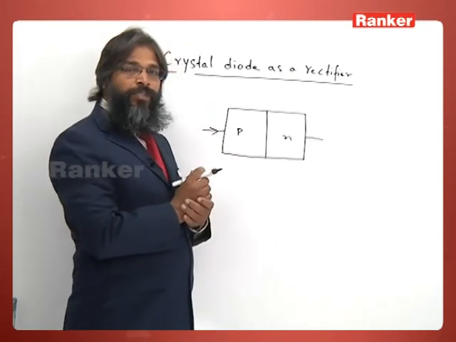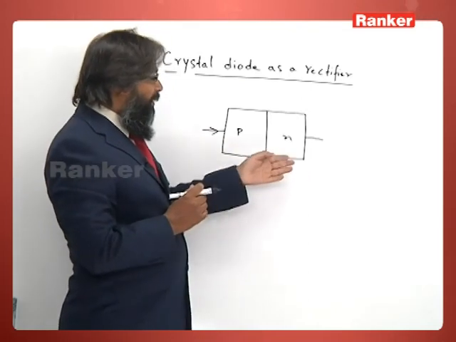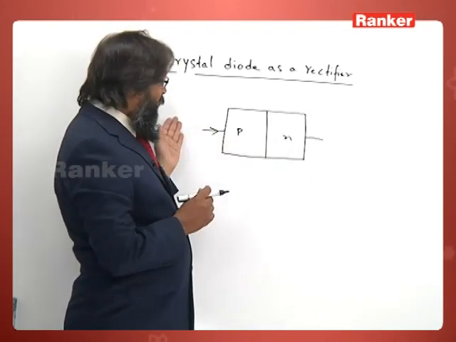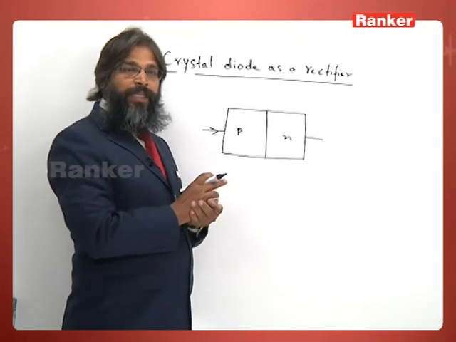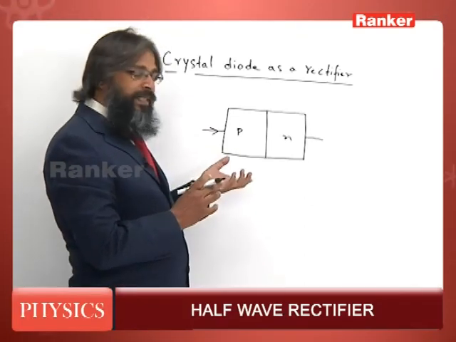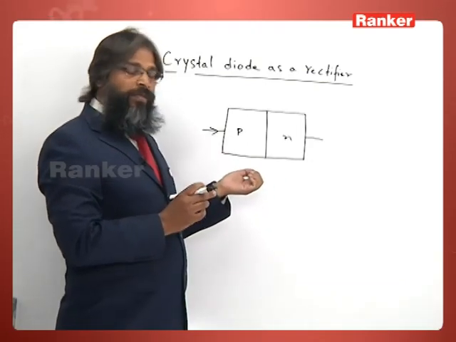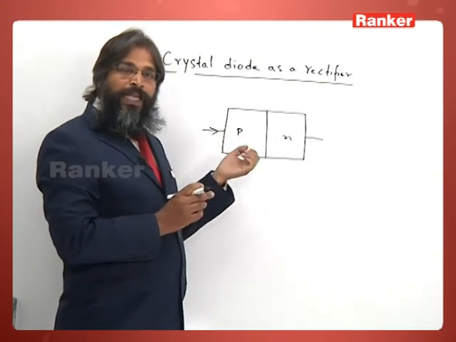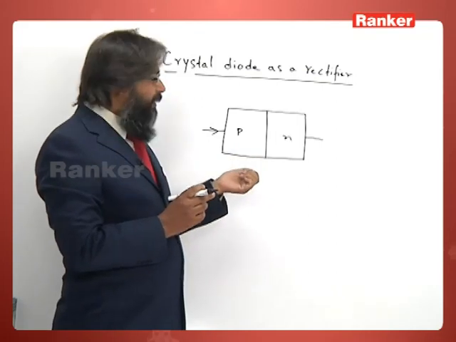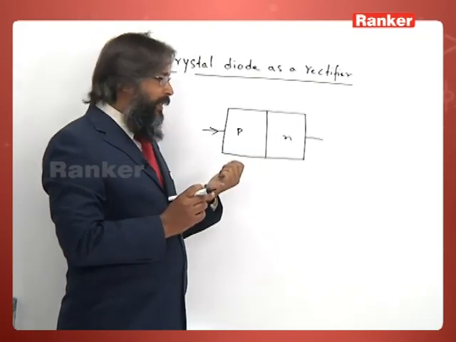The current is in microamperes in the reverse direction, and in the forward direction the current is in milliamperes. Some common circuits may not be able to detect that microampere or nanoampere current, so we think that there is no current in the reverse direction.